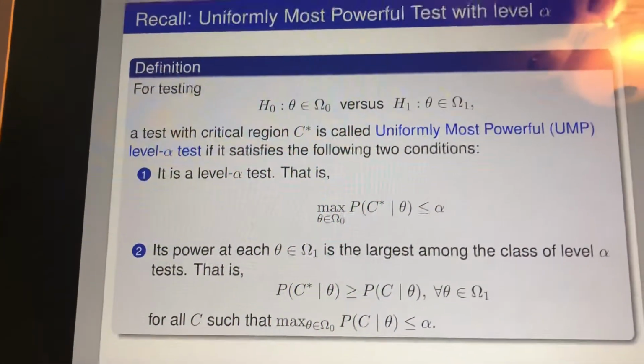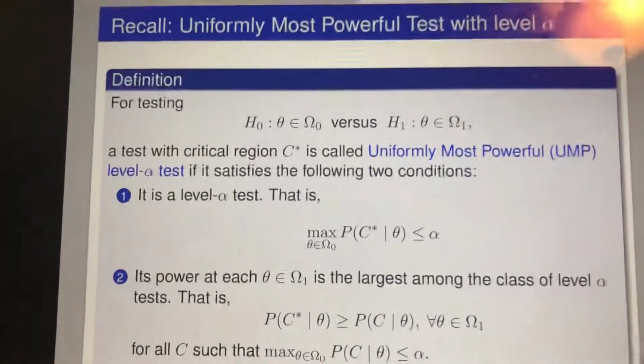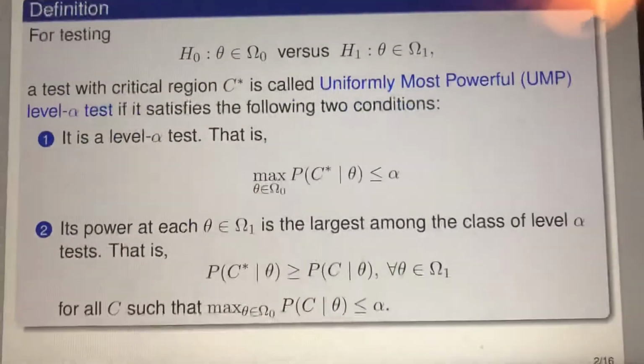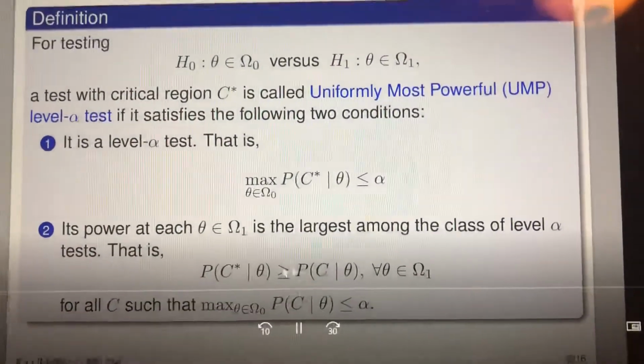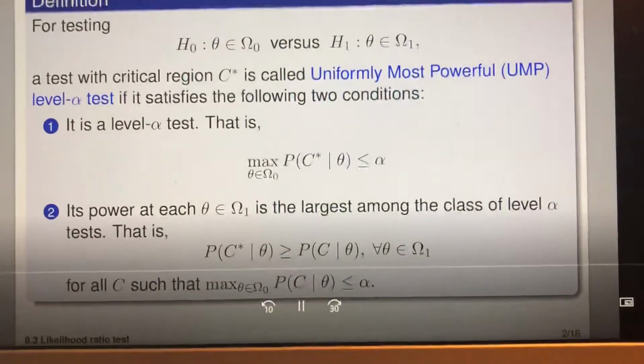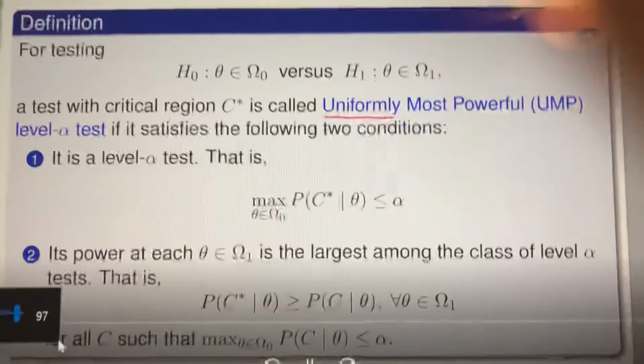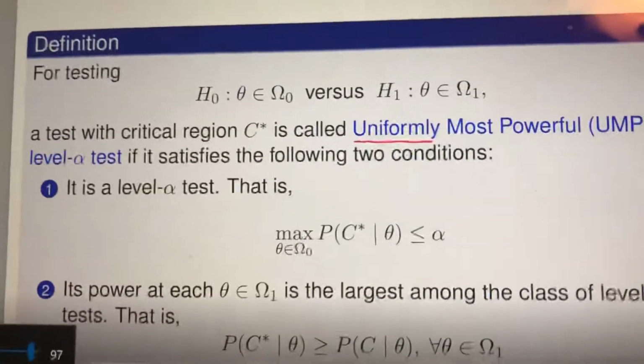First, review the UMP test. We already covered it in the last class, but we'll continue and just review. Uniformly means a uniform level alpha test.